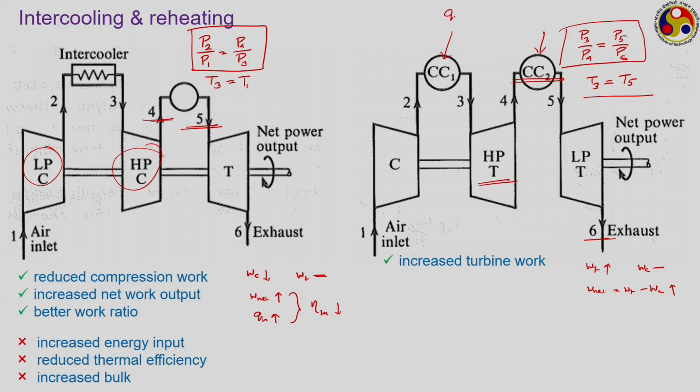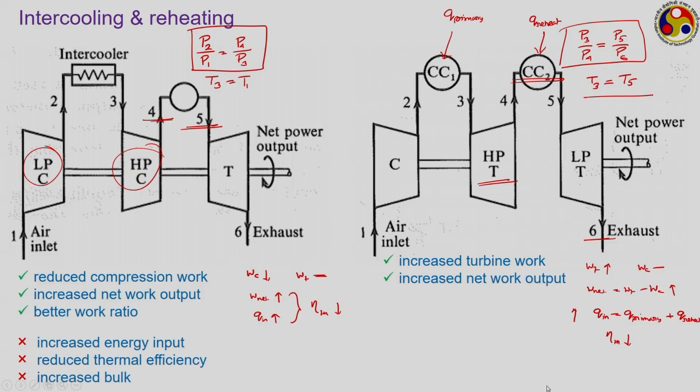Quite often we call this one Q primary, because even if there is no reheating, this is the amount of energy you always have to supply, whereas this is called the Q reheat, which is the additional energy burden that is coming because of the presence of this reheater. So, the total energy requirement, which is the combination of the primary heat requirement and the reheat side heat requirement, is increasing, leading to a reduction in the thermal efficiency as well.